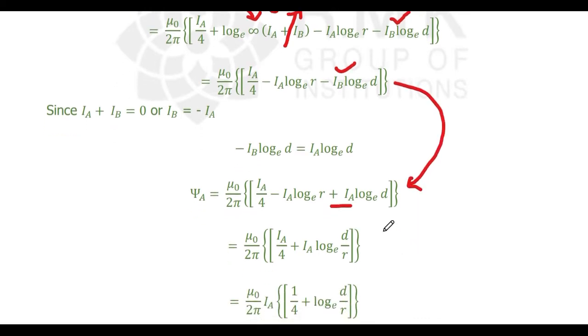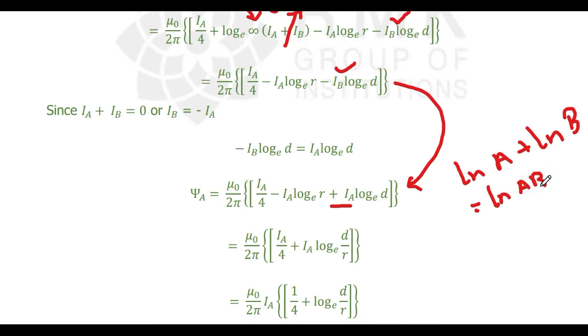Now see here, in all the terms IA is common, so I can take IA as common. Then we already know ln A plus ln B. These are very basic things, so unless we are aware of them, it is not possible to understand here. If natural logarithm terms are added, the values can be multiplied: ln A plus ln B is ln AB.